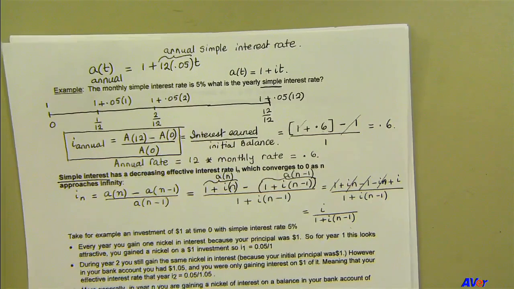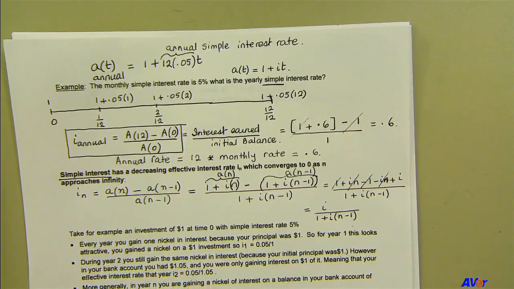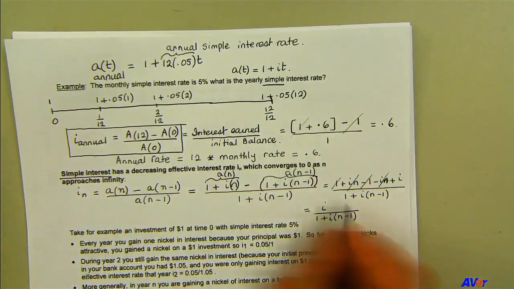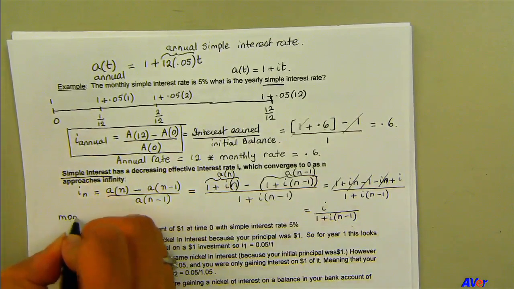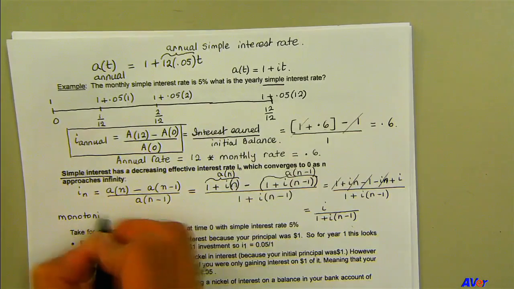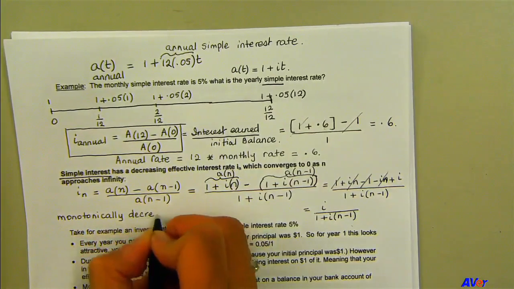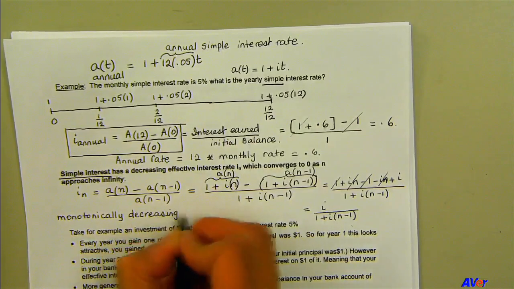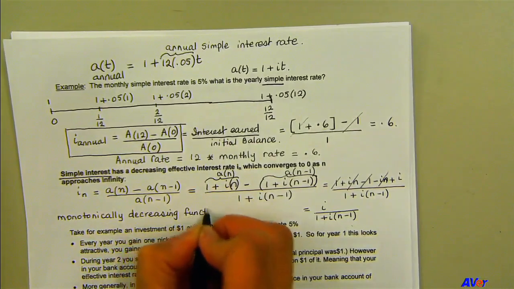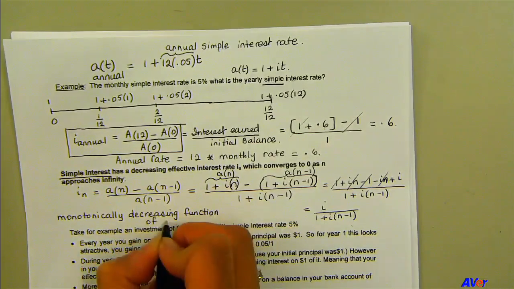So I claim that this is a monotonically decreasing function of n.